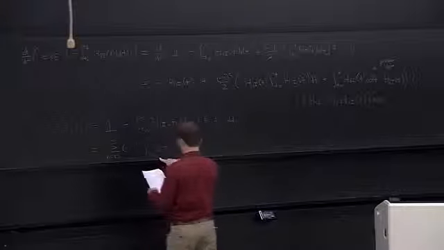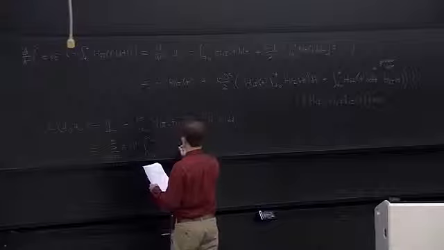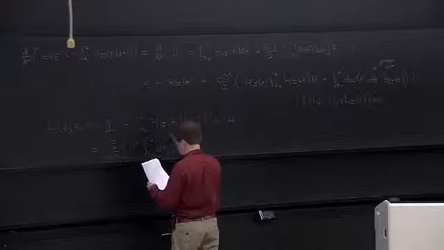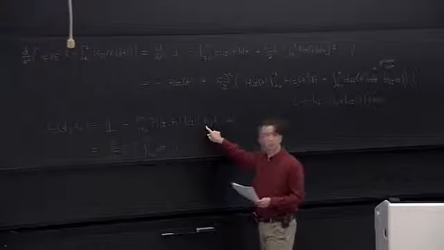So the first integral is from t naught to t. If we plug this in once, our upper limit of integration becomes t1 instead of t.